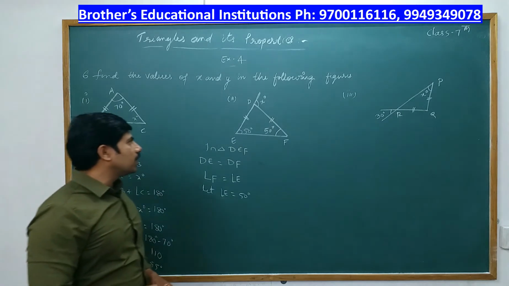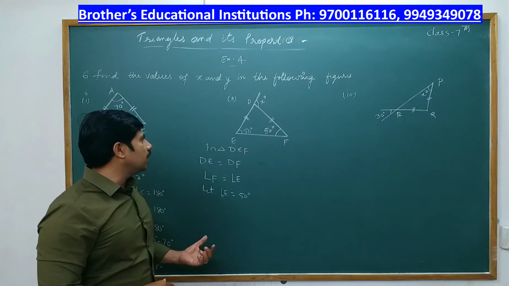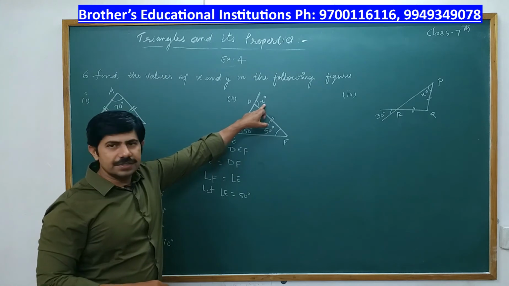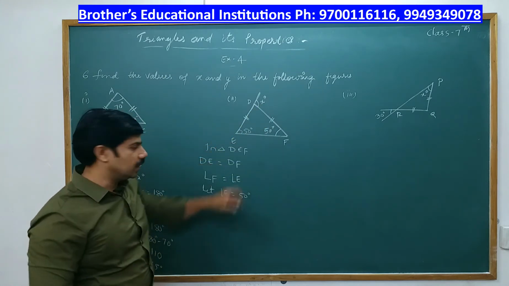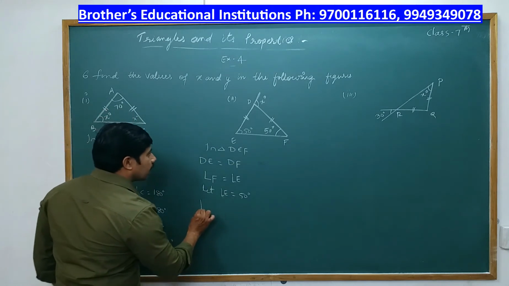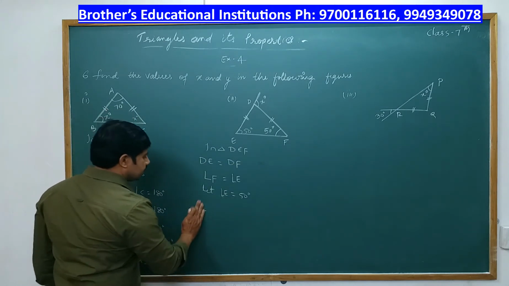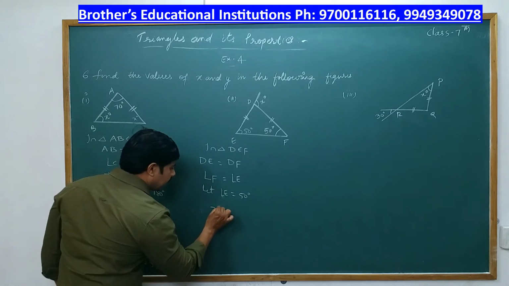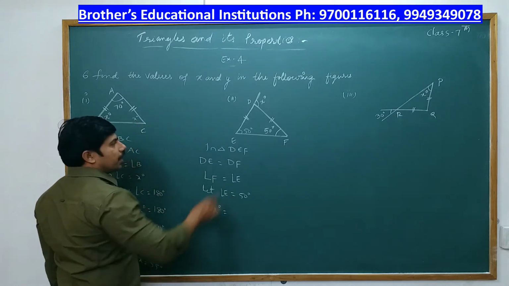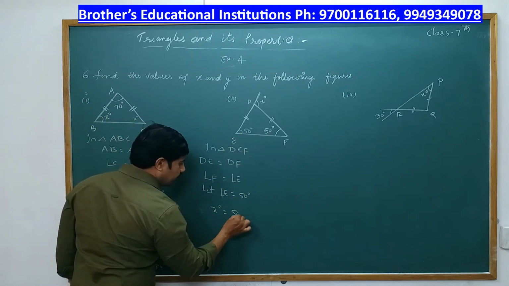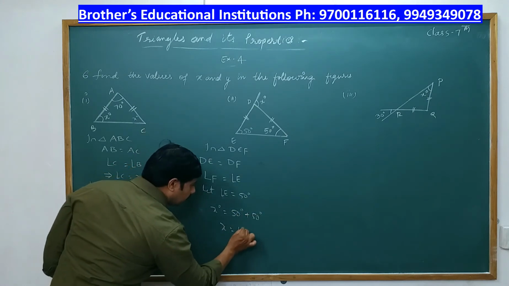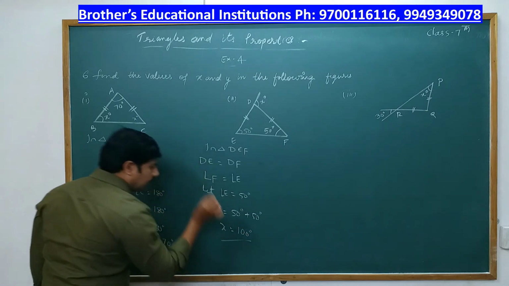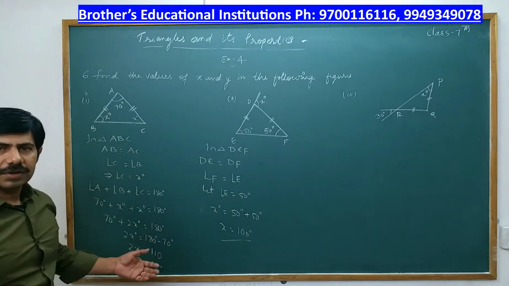X is nothing but the exterior angle of triangle DEF. So exterior angle is equal to the sum of the two interior opposite angles. So exterior angle x is equal to 50 degrees plus 50 degrees. So x is clearly 100 degrees. So the second one is completed.